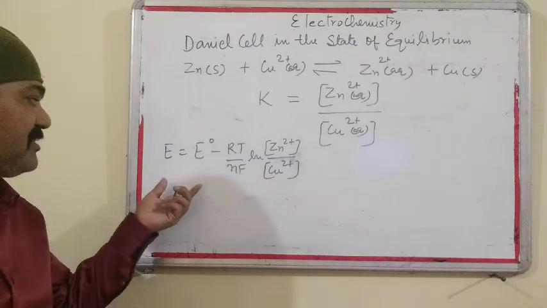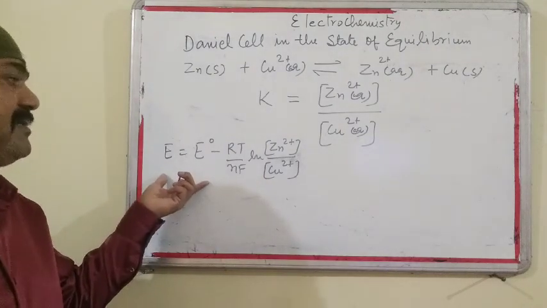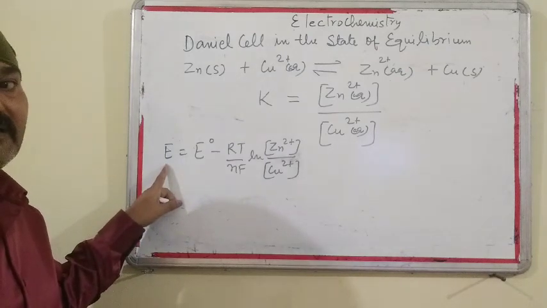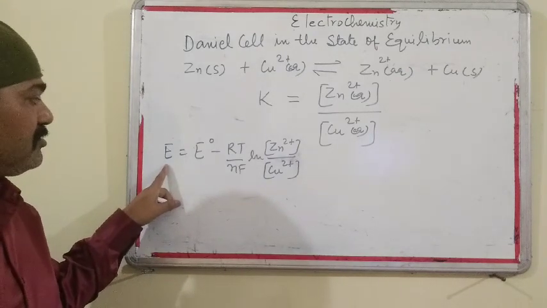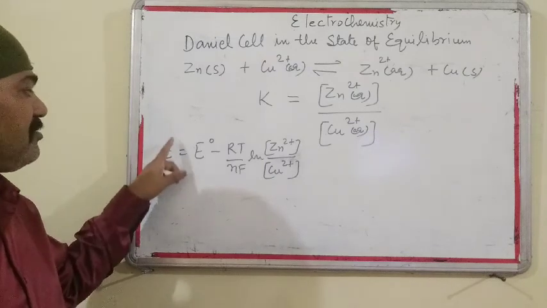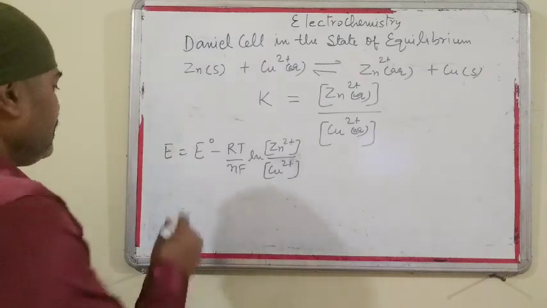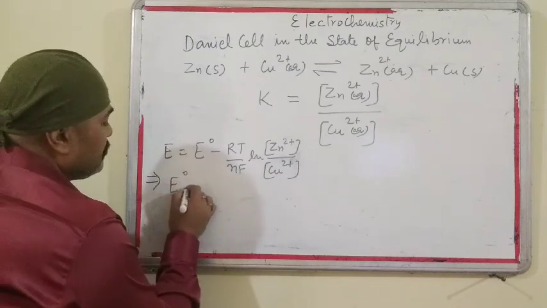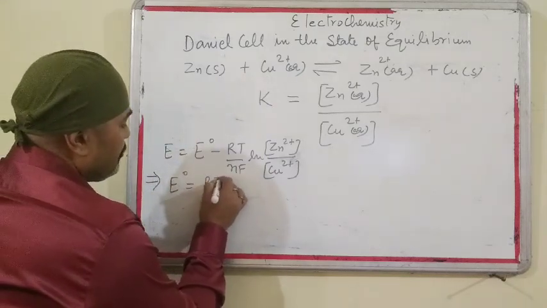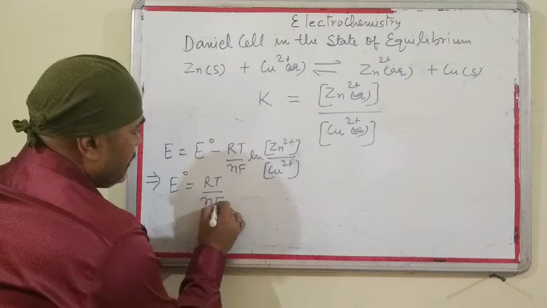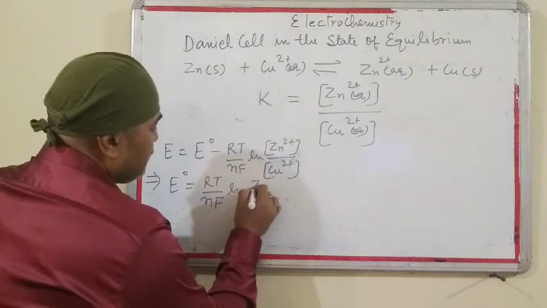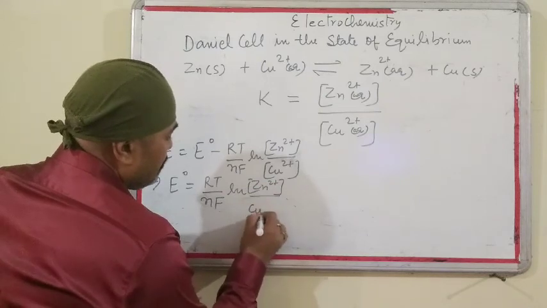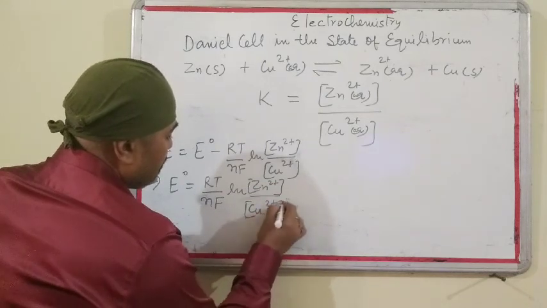Now we also know that when the cell is in the state of equilibrium, the value of the EMF, that is E, is 0. So on putting the value of EMF as 0, we get the standard electrode potential E0 equals RT upon nF ln [Zn²⁺] upon [Cu²⁺]. Okay.